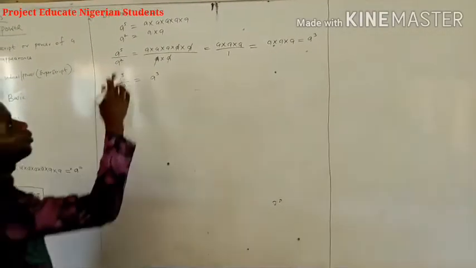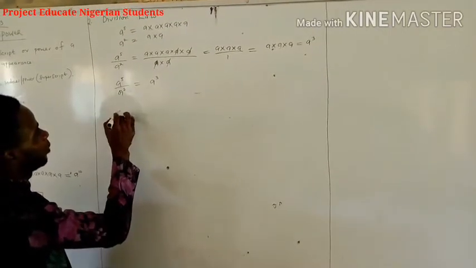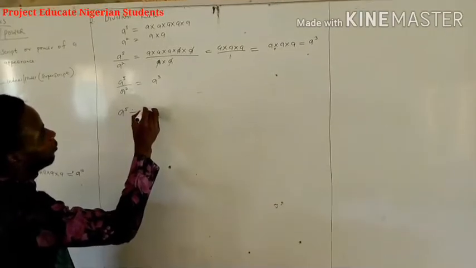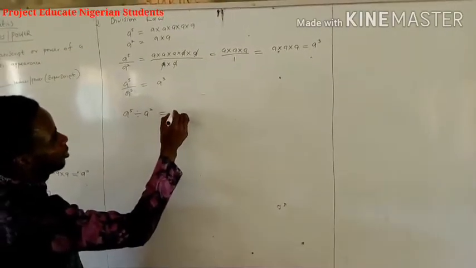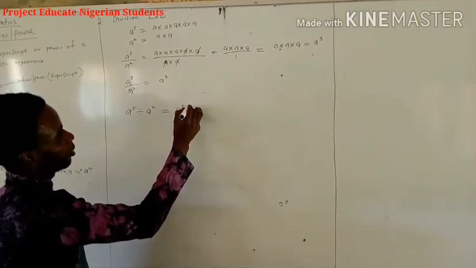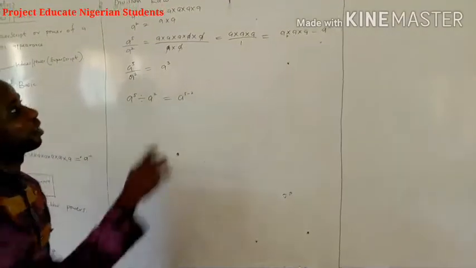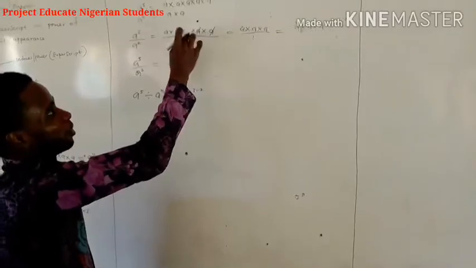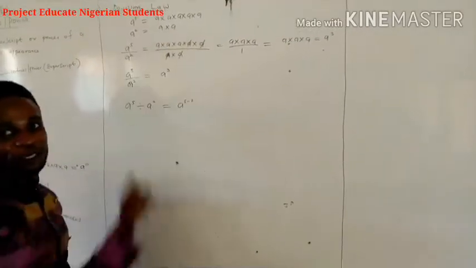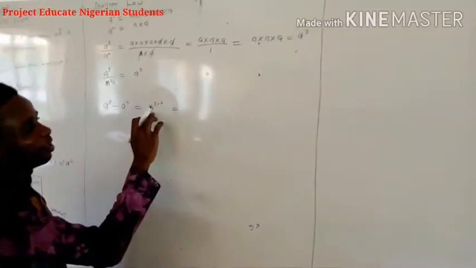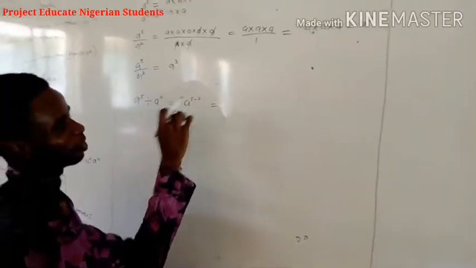So we can take it this way. Watch. When we have a raised to power 5 divided by a raised to power 2, this is the same as a raised to power 5 minus 2. Okay, because cancelling here means you have to take away 2 from this power here. So this gives us a raised to power 5 minus 2, you get 3.